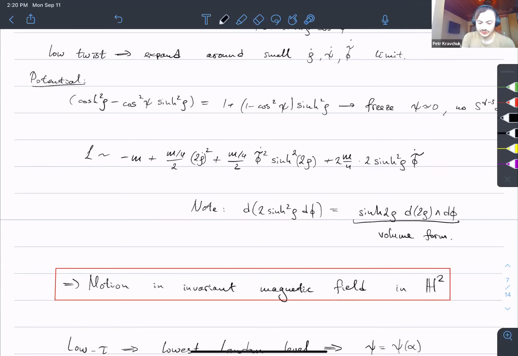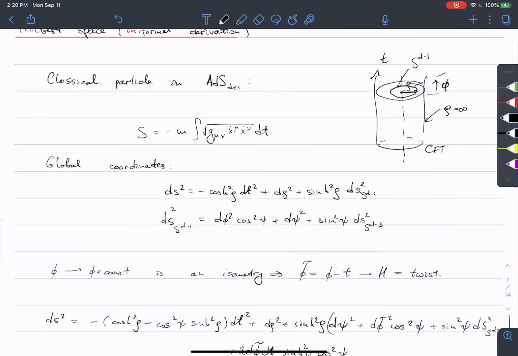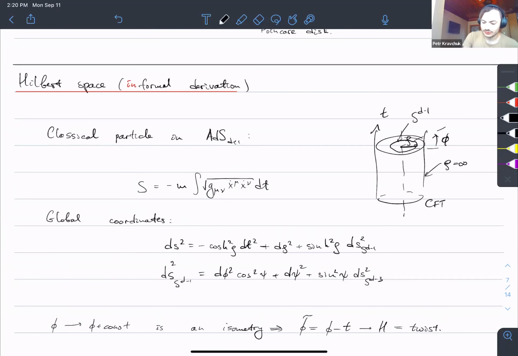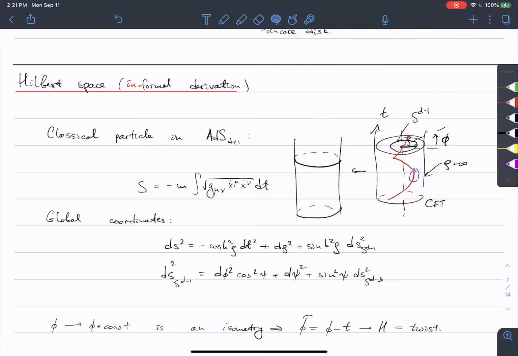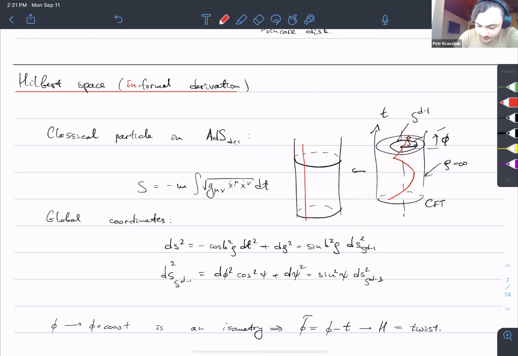So one way of interpreting this is that in the original coordinates, there are geodesics which just look like spirals. Sorry, I'm terrible at drawing. After I go to a rotating reference frame where my coordinate is phi tilde, this geodesic becomes just a straight line because I'm rotating now together with it.